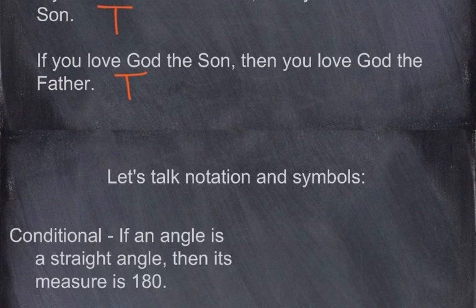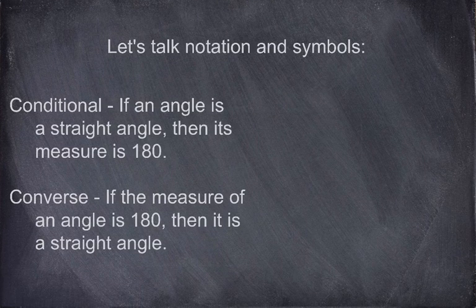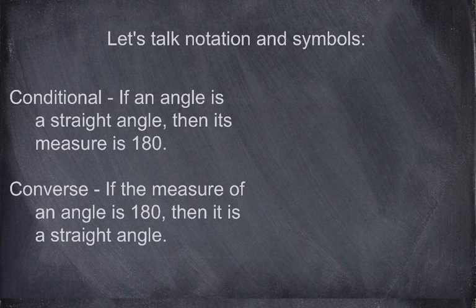Okay. Now, finally, for our last few examples, let's talk about notation and symbols. Here we have a conditional. If an angle is a straight angle, then its measure is 180. Now, what you're going to see is, notation-wise, we can just talk about, in general, a conditional, not even specific to what the hypothesis or conclusion has to say.